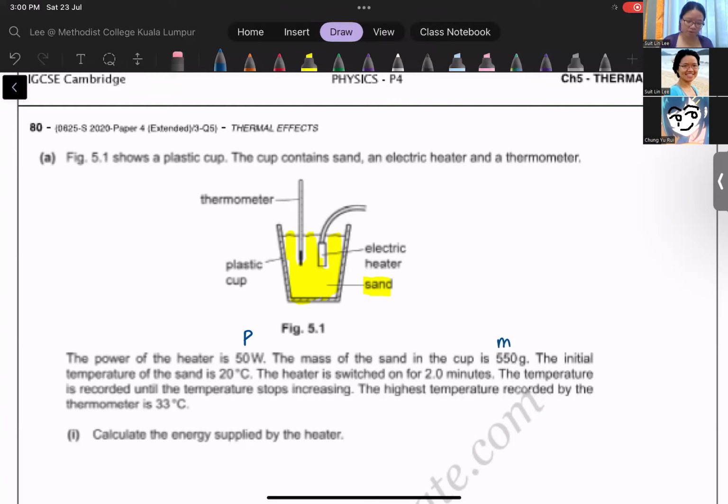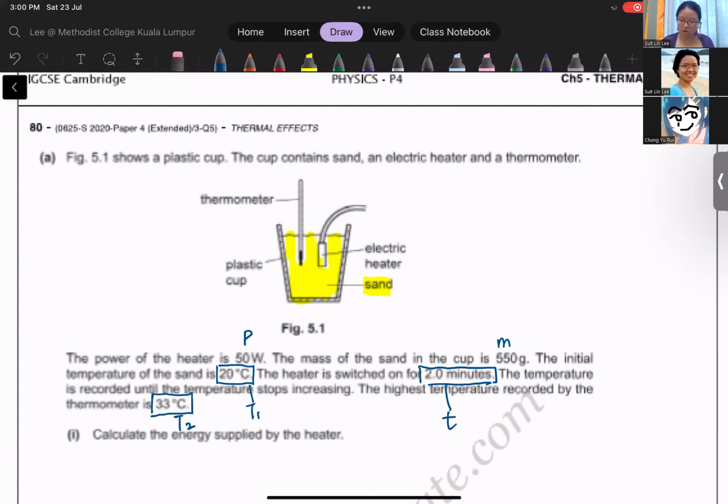The initial temperature is 20 degrees Celsius. So this is T1. And the heater is switched on for 2 minutes. The temperature is recorded until the temperature stops increasing. The highest temperature recorded in these 2 minutes is 33 degrees Celsius. T2.